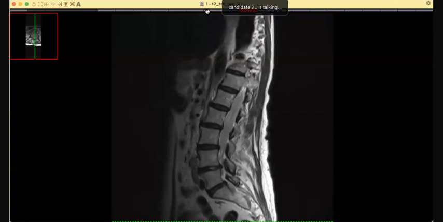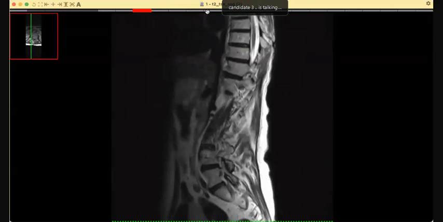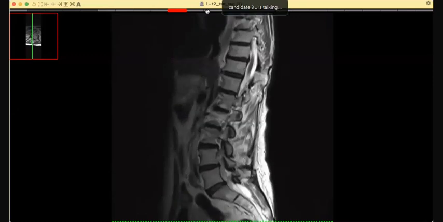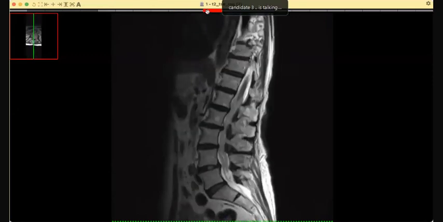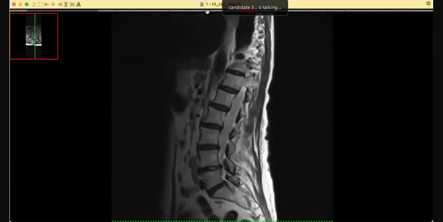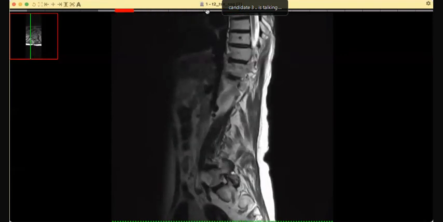Okay, I'm presented with a sagittal T2 sequence for a lumbosacral spine MRI for an adult female with lower limb weakness and bladder dysfunction. In my routine practice, I will go through the slices first and then comment.